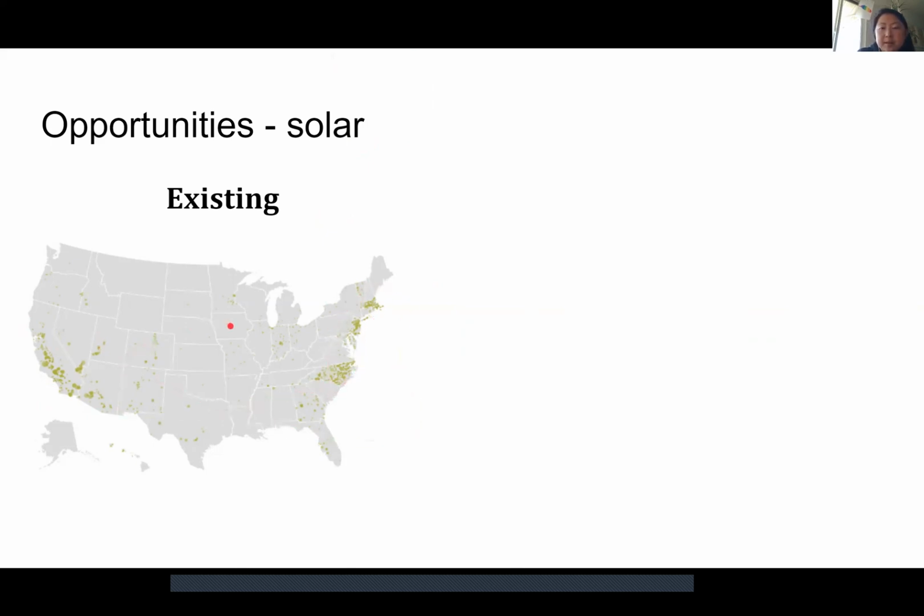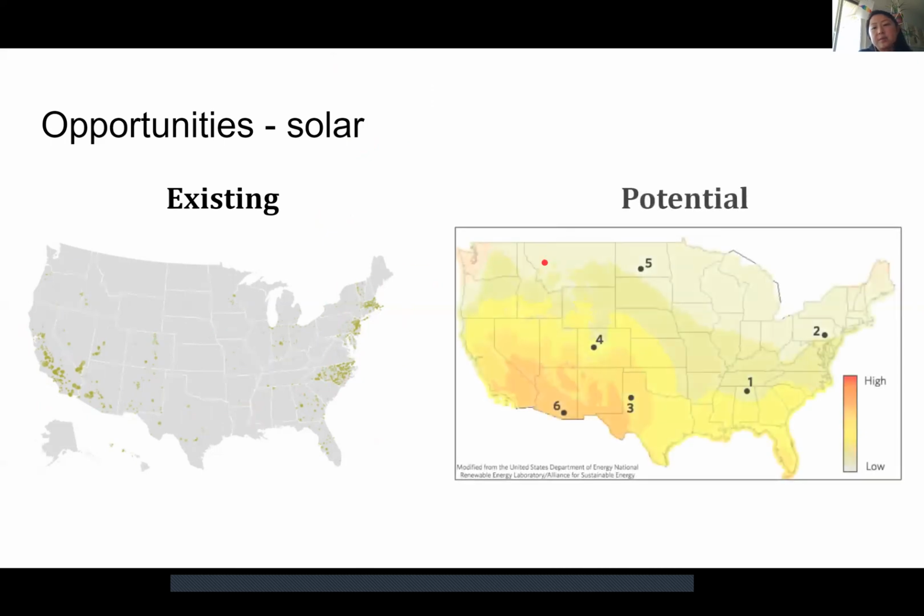But scientists say that the potential for harnessing solar energy is really high in these areas. So you see here down in the southwest, people are not taking advantage of harnessing solar power as much as they could. So when we're moving more towards renewable energy, the Southwest should definitely be thinking about solar as an opportunity to take advantage of.